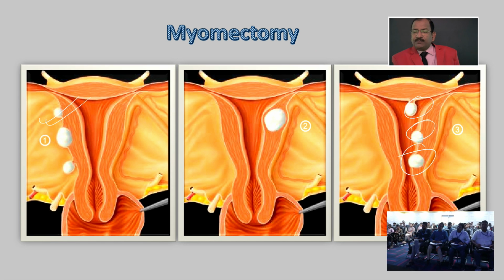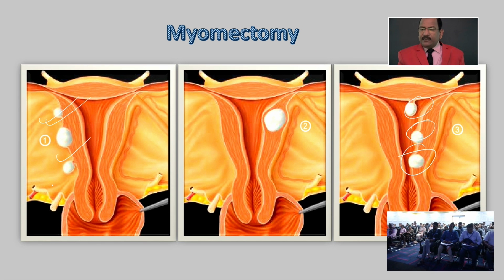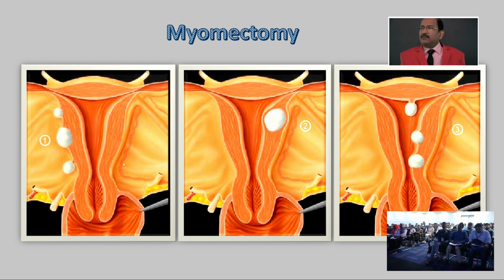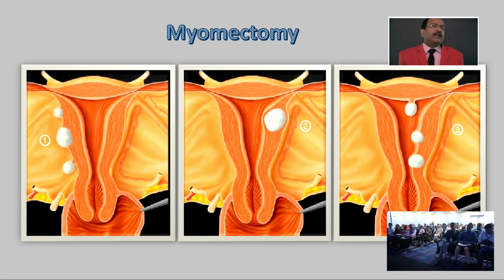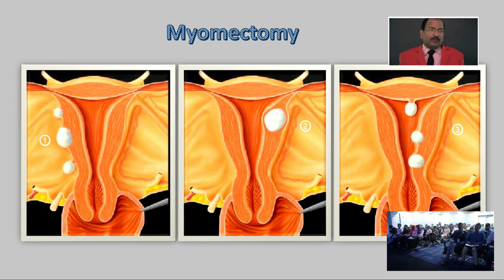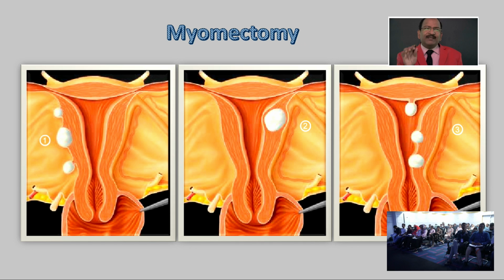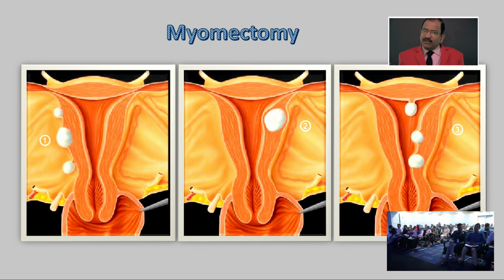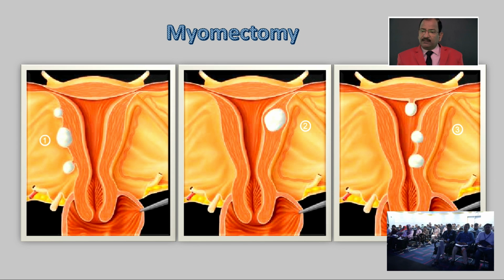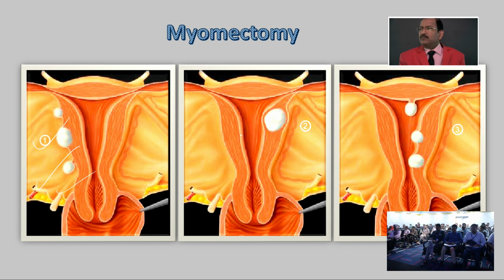Of course, subserous myoma is the gold standard by laparoscope. Easily you can, even if pedunculated, tie one knot and cut it out. You don't need much suturing skill. Even if you don't repair the serosa, it will regenerate. This is the easiest to perform.